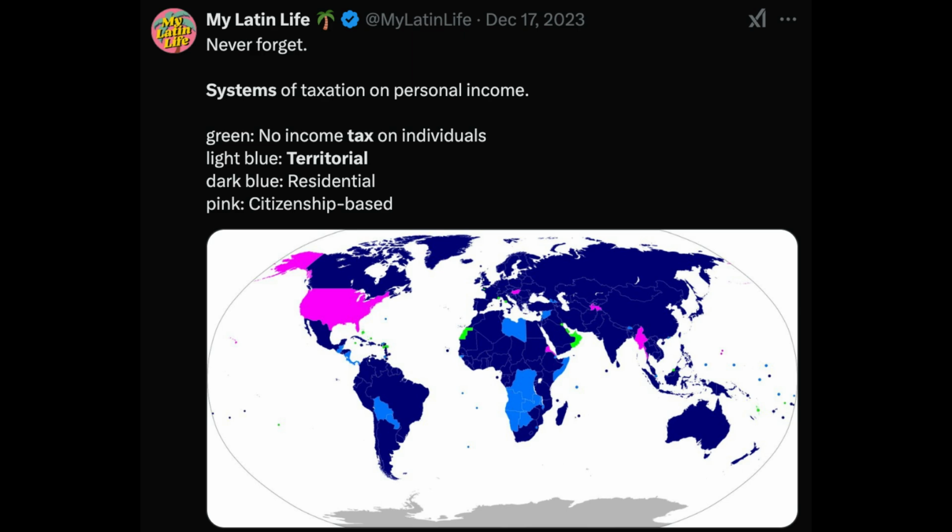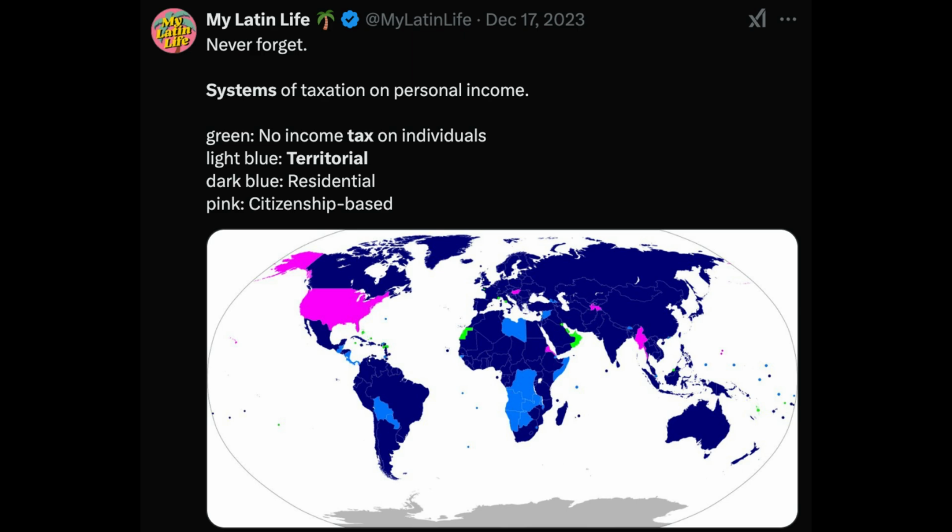So why do territorial systems matter for individuals and expats? One aspect of this is tax optimization. By understanding and leveraging territorial systems, expats can generally reduce their tax liabilities by structuring their income in tax-efficient ways.